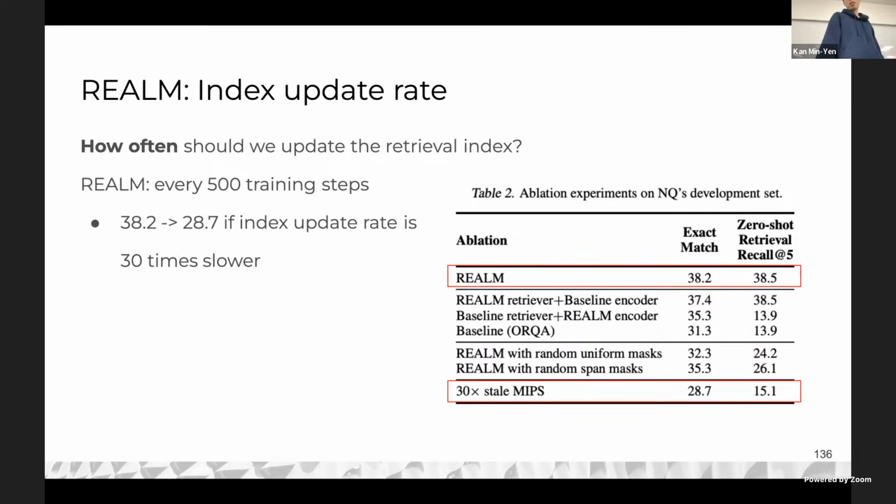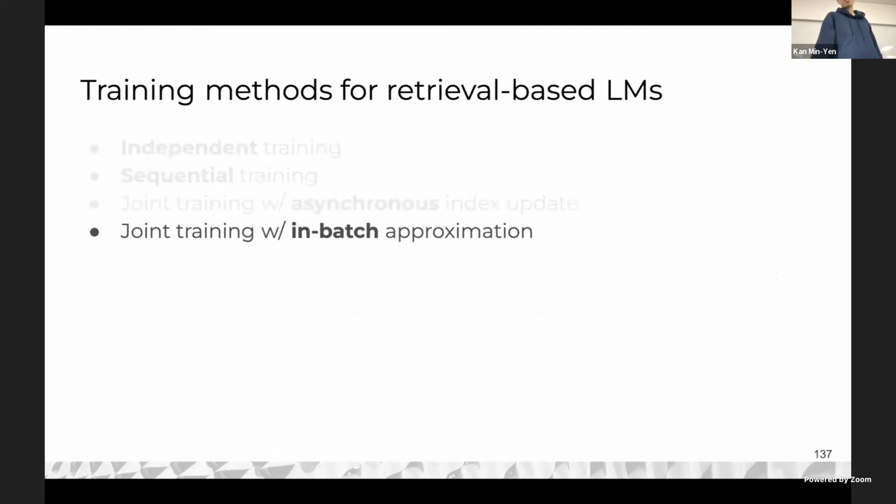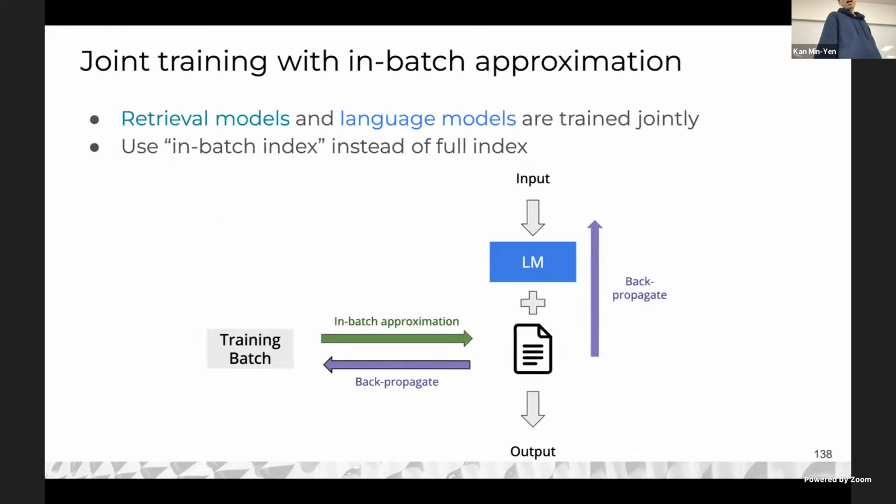So the question now is, this update rate seems to be a burden. Can we not use this? The other solution is basically to use in-batch approximations. The high-level idea is, rather than building the full index for training, why not just look at a subset, for example, the training batch.